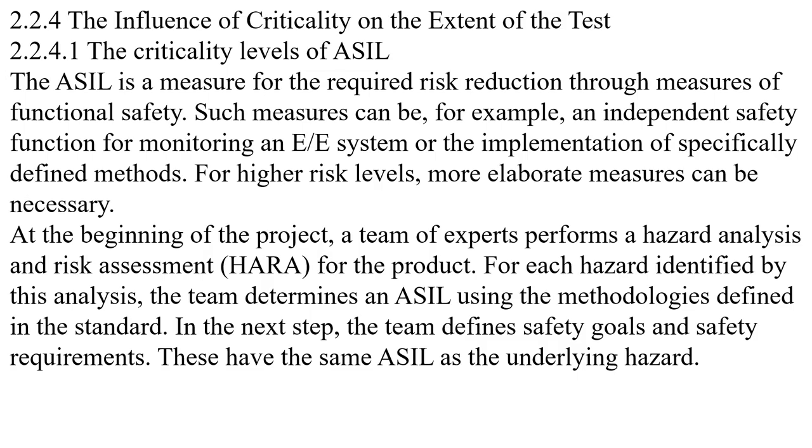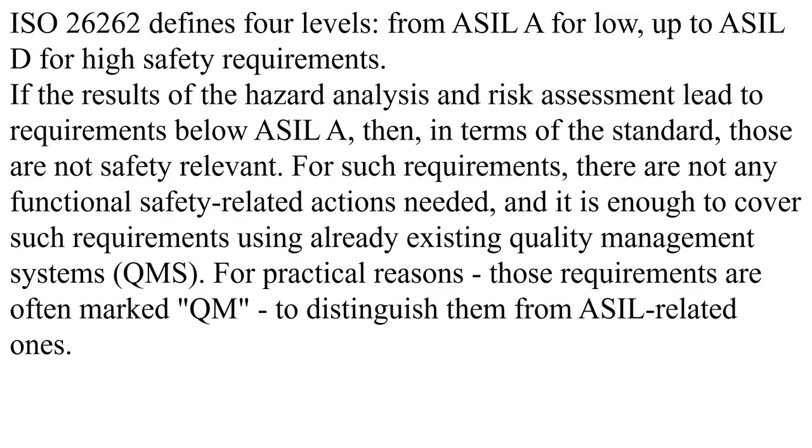In the next step, the team defines safety goals and safety requirements. These have the same ASIL as the underlying hazards. ISO 26262 defines four levels from ASIL A for low up to ASIL D for high safety requirements.